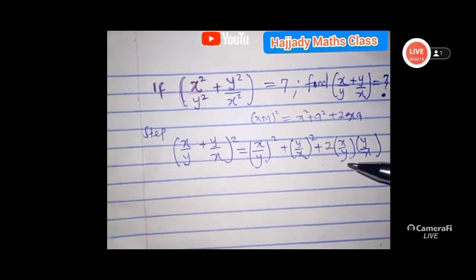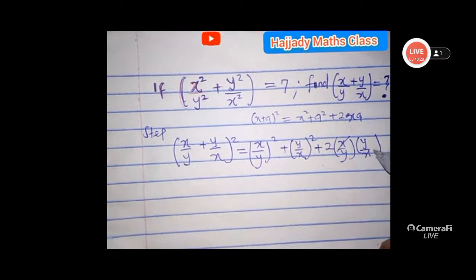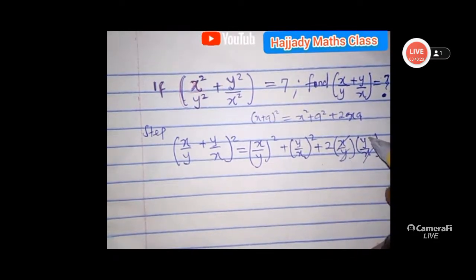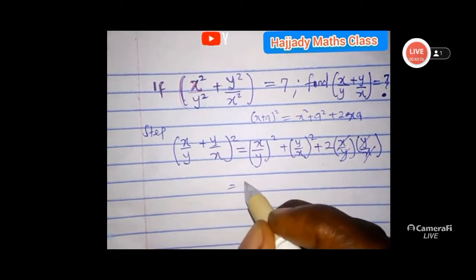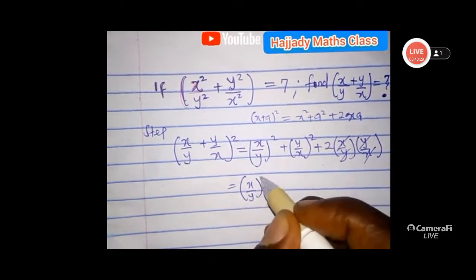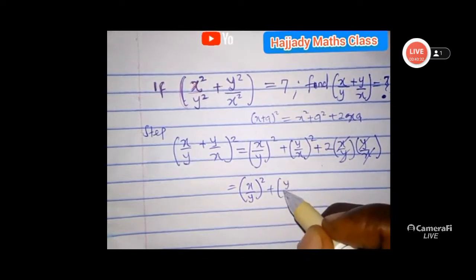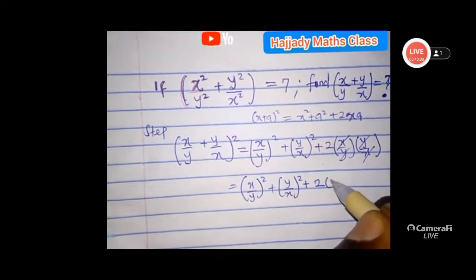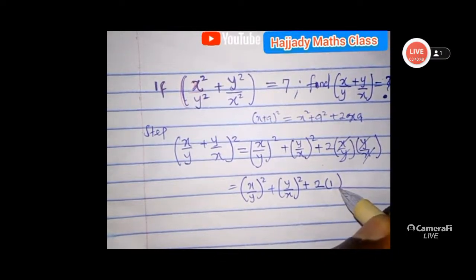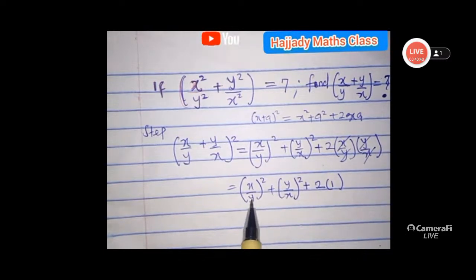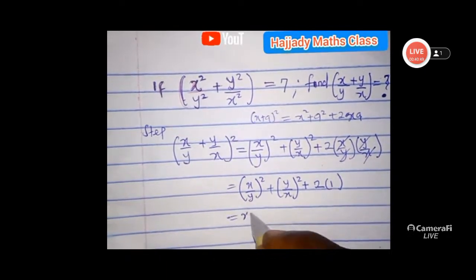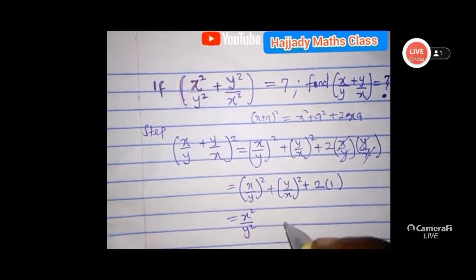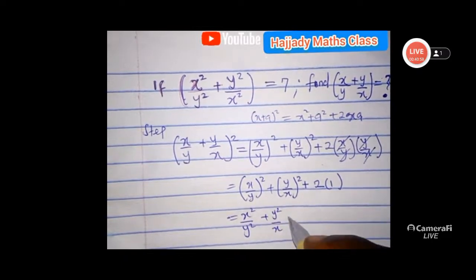Solving this further, we should know that x can cancel out x, while y cancels out y. So this is going to give us x over y all squared plus y over x all squared plus 2 into bracket 1. And from the expression, don't forget that this is the same as this. So this can be expressed as x squared over y squared plus y squared over x squared plus 2.